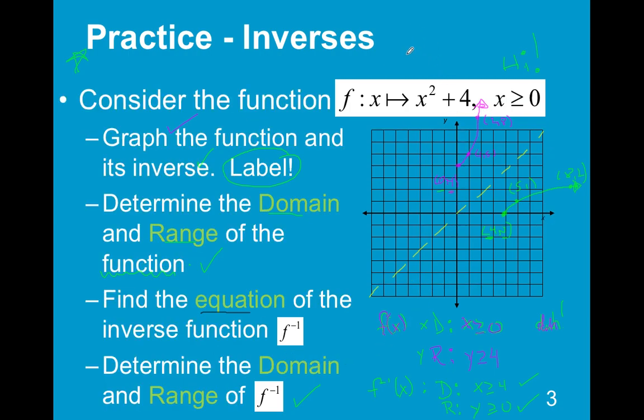So, again, number one fun fact of inverses, I'm going to do this up here, right? This is a y. Y is equal to x squared plus 4. Switch x and y. Get y by itself.